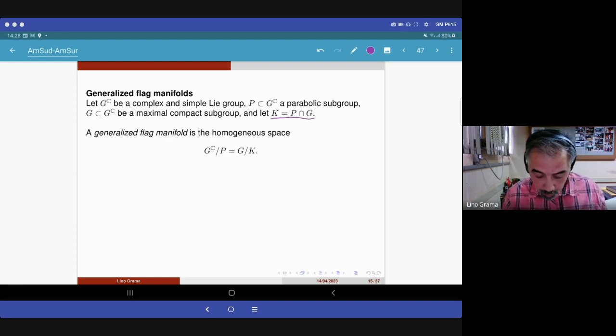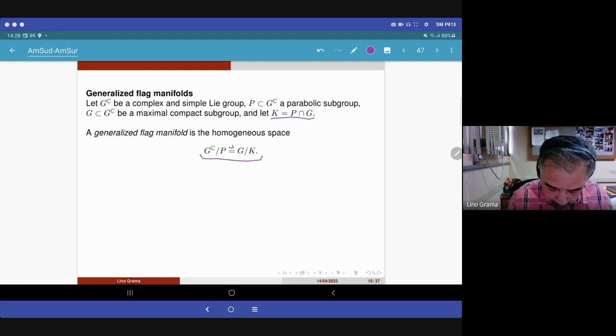A generalized flag manifold is this homogeneous space. This is an identification here. It's not needed to build this, but in this case we have this. This is very nice because this side tells us this manifold is compact, and this side tells us this manifold is complex. Okay. We have a compact, complex, homogeneous space.